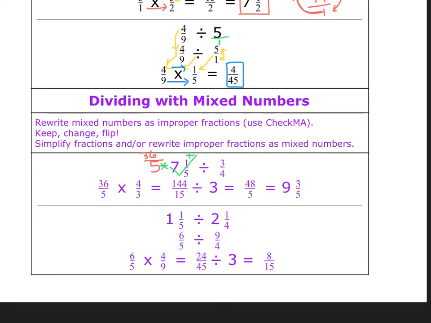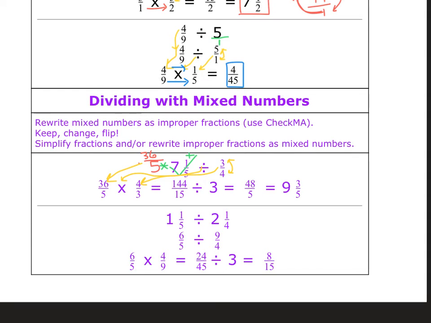So the problem says 36 over 5 divided by 3/4. Okay, so I'm going to keep that first new fraction, 36 over 5. I'm going to change that division to a multiplication, and I'm going to flip my second fraction and turn it into 4/3.